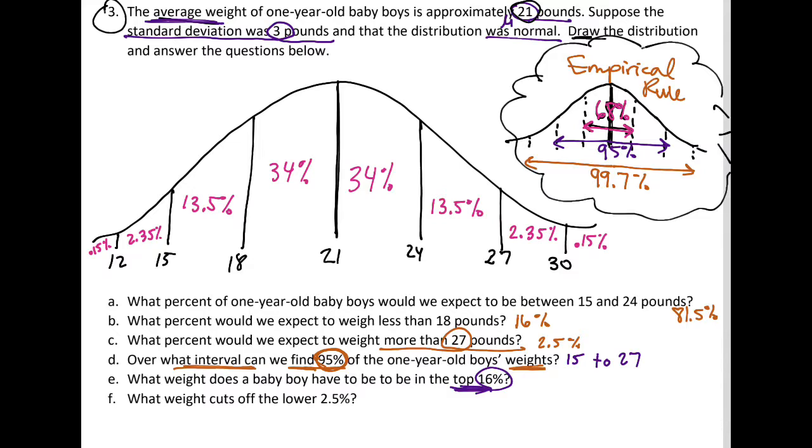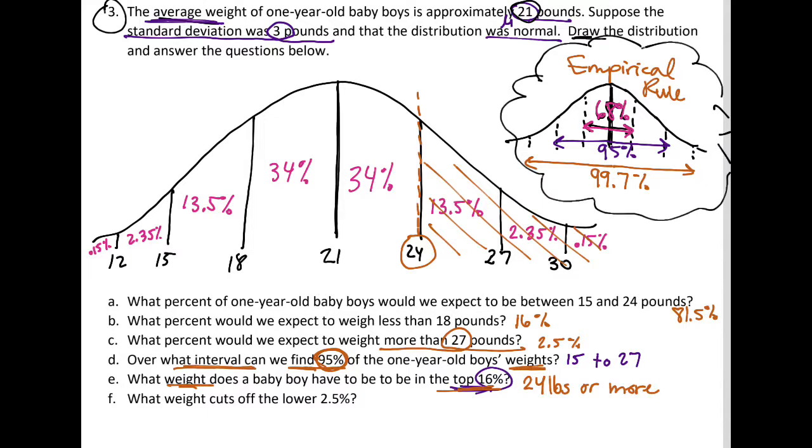Well, if I just sketch it or kind of shade those sections, let me use orange. If I shade those sections, these are the sections that'll give me 16%. Notice that stops right here at this line, and that is our 24 pounds. So basically a weight of 24 pounds or more.